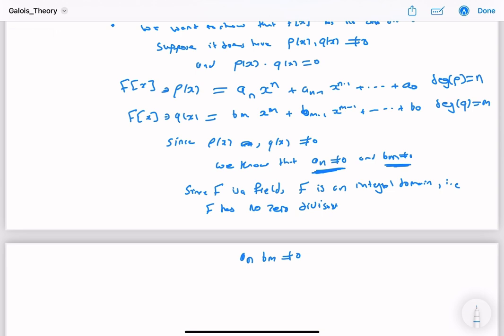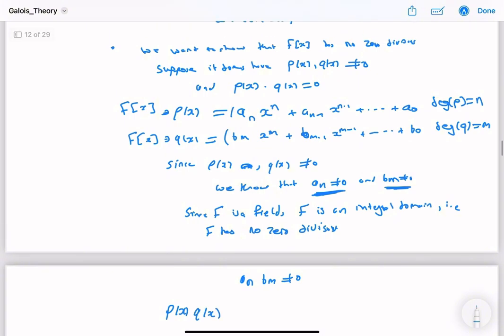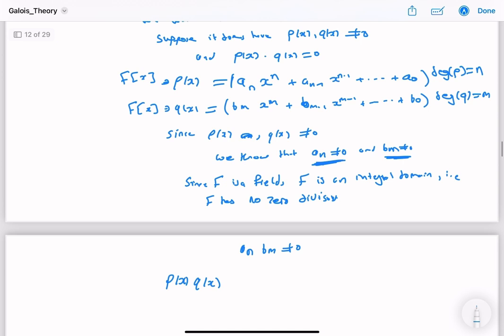And since this is not zero, we note that if you do the expansion of p of x times q of x, the first term is going to be a sub n b sub m x to the m plus n, and the rest is going to be a lower degree polynomial.